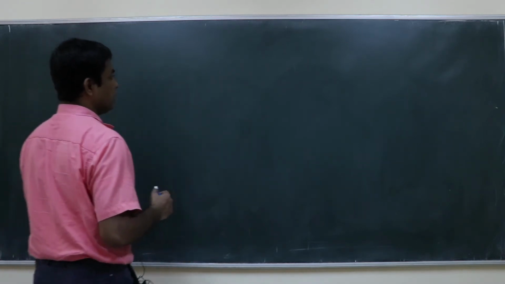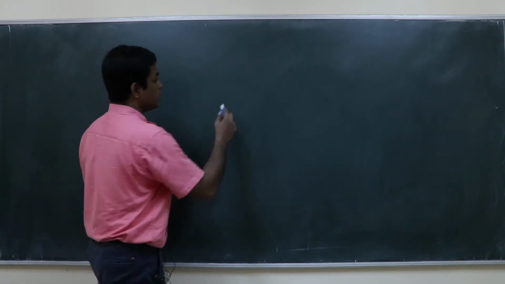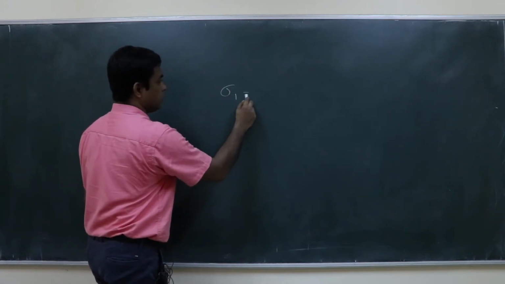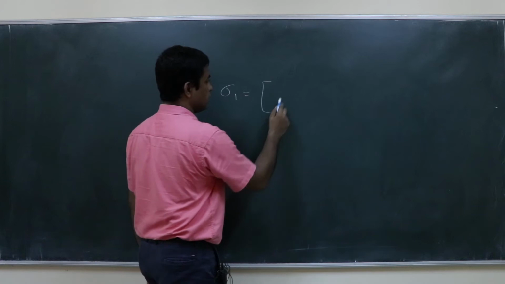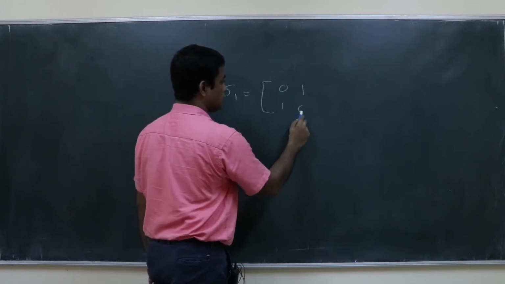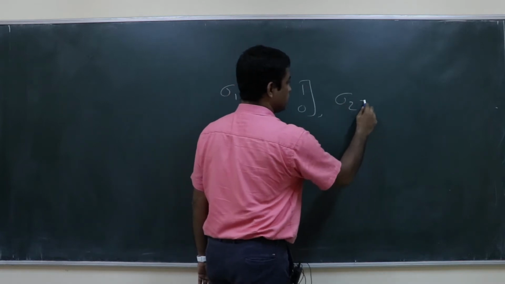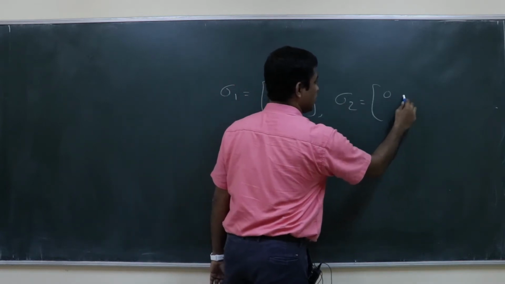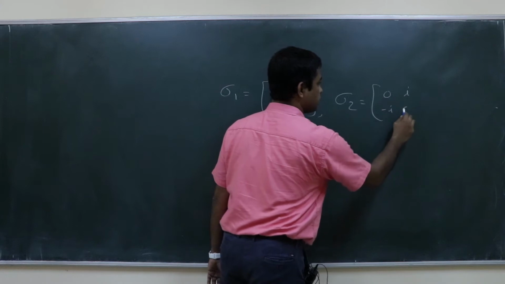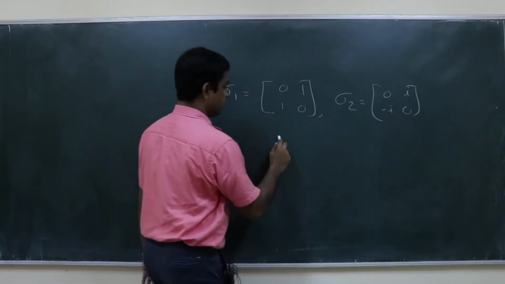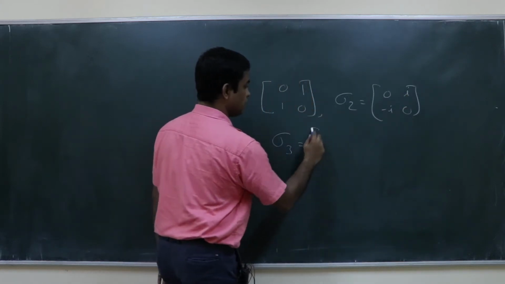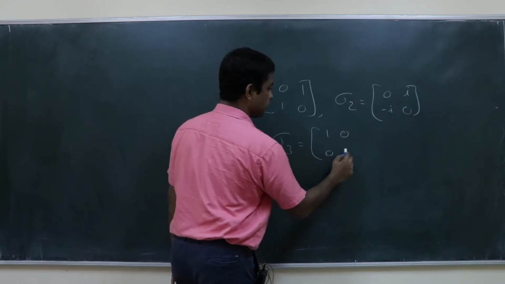Let us see the matrices sigma 1, which is equal to 0 1 1 0, and sigma 2, which is equal to 0 minus I, I 0, and sigma 3, which is equal to 1 0 0 minus 1.